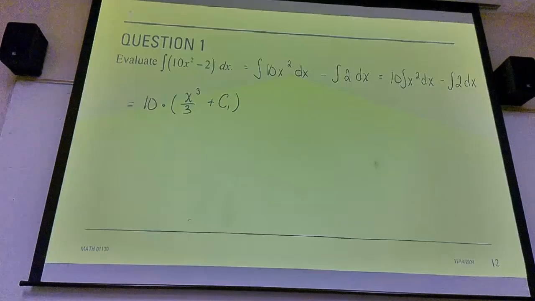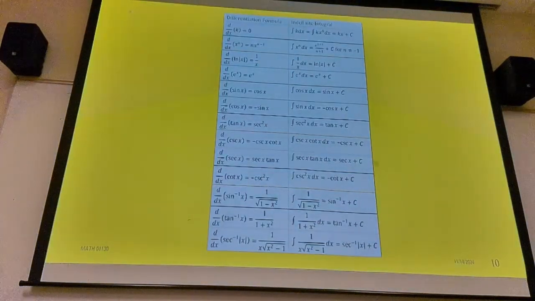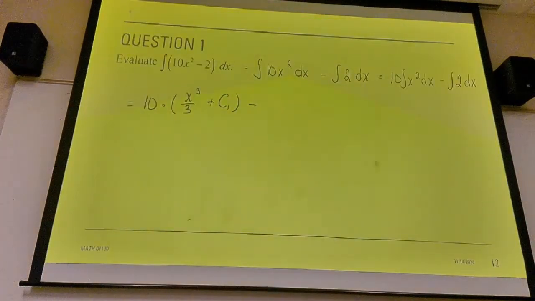And then plus an arbitrary constant, which is called the constant of integration. What is the antiderivative of a constant? It's the constant times x. Plus a constant of integration.